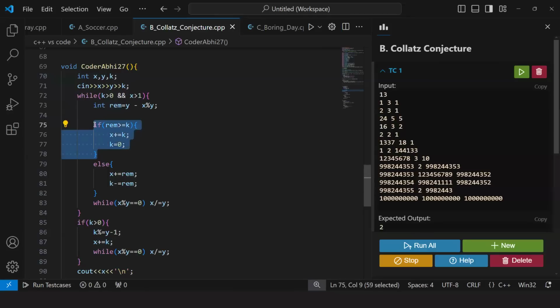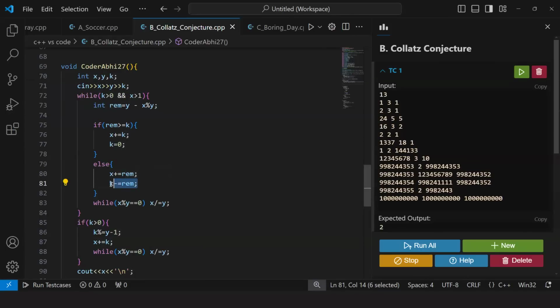And if k is sufficient to reach the end, then we would reach the end. Then how much would my x increase? My x would increase by rem. So we would reach the end of the group by increasing it by these many steps, and then k would get reduced by the number of steps we did.